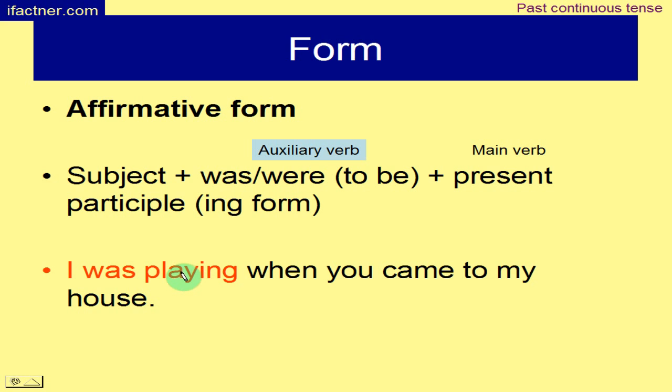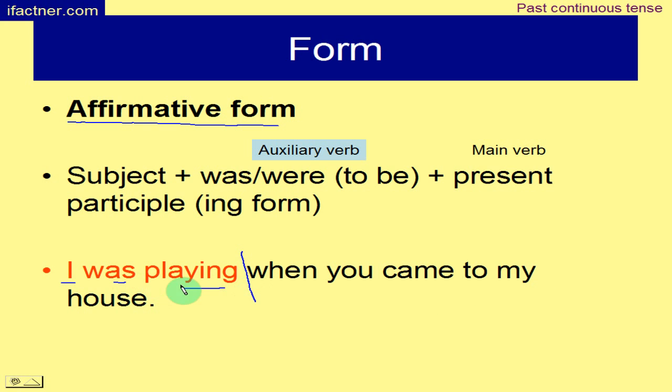There are three forms of a tense: affirmative form, negative form, and question form. Let's see what is the affirmative form of past continuous tense. We have an example: I was playing when you came to my house.